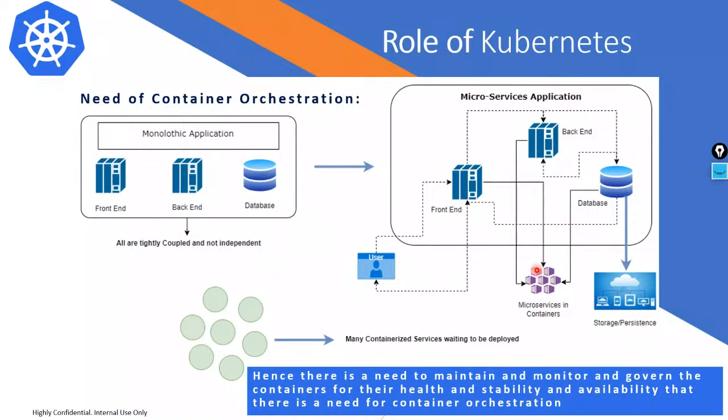You must immediately replace that container with another container. That is called pod replication. That will make your availability almost 100%. There is no downtime, as they say. You are making your application more stable. That is why there is a need for container orchestration.